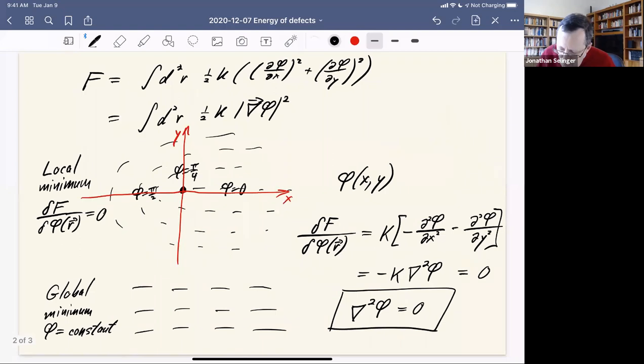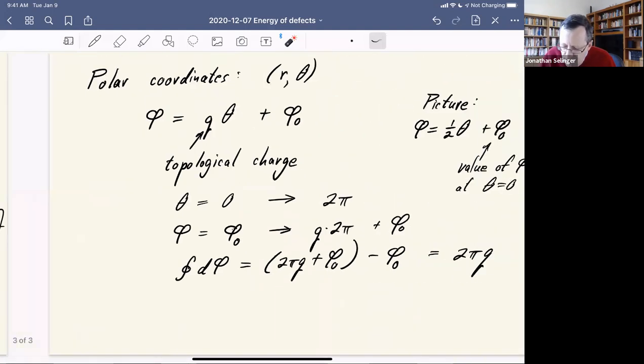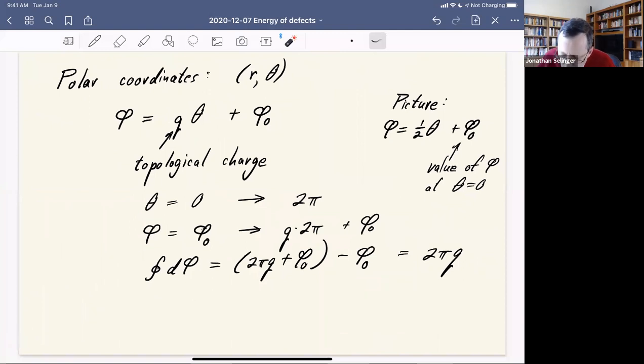So that means what is the value of phi along the x-axis? Okay, so here's the x-axis like that. And you can see in this picture that phi is about 0 on that axis. Okay, so in this particular picture, we have phi 0 equals 0. But if you change phi 0, that would give an overall rotation of this whole structure. Okay, so this is the answer in polar coordinates.